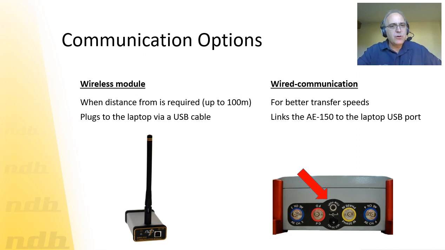But if you want to be isolated for any reason, and sometimes some utilities don't recommend otherwise, you need to be isolated from the transformer for safety, you can use the wireless module, and this module is connected again with USB to your computer and will communicate with the AE-150. The range between this module and the AE-150 can be up to 100 meters.